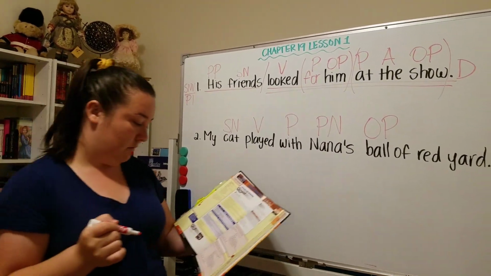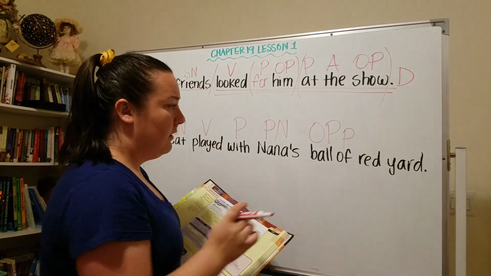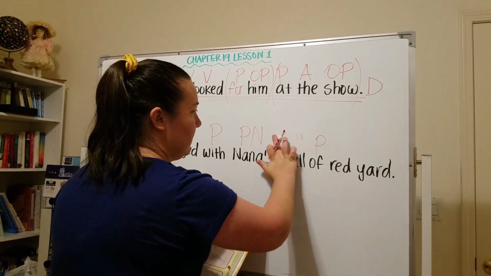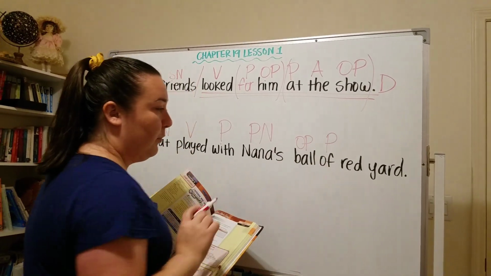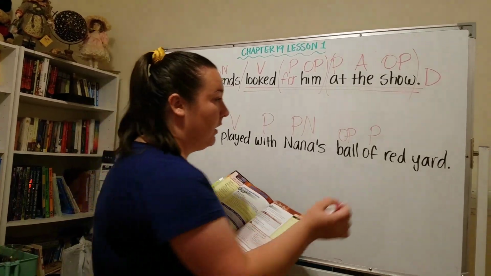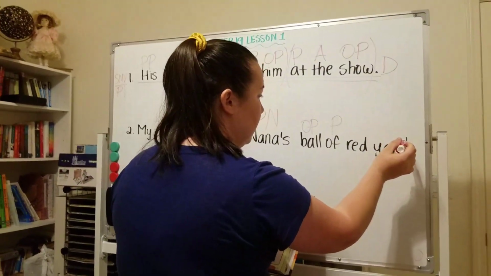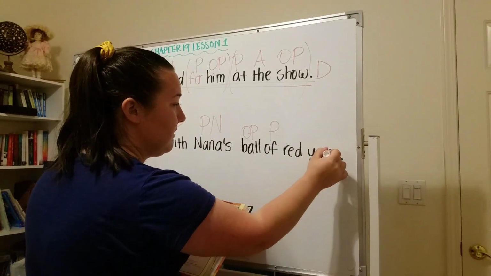Of, preposition. I'm sorry, I made this a little bit big. Of, preposition. Of what? Yarn. My goodness, Ms. Behrens is making all kinds of mistakes today.